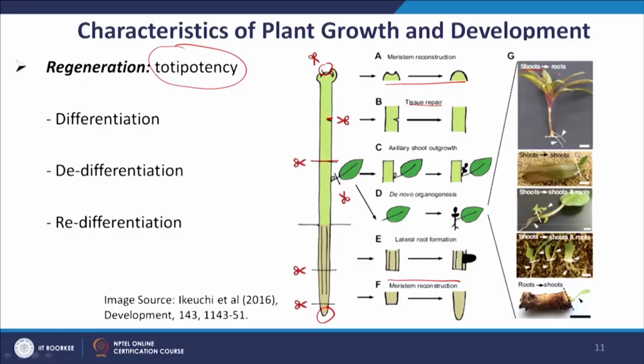For example, you can take shoot and induce root, take shoot and induce shoot, take shoot and induce both shoot and root, or take root and induce shoot. What does it tell us? It tells us that there is a genetic program. If you give a proper signal, proper information or proper hormonal combination, you can eventually activate a full developmental program for shoot development as well as root development.